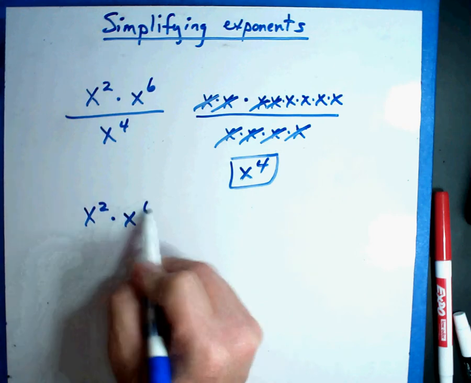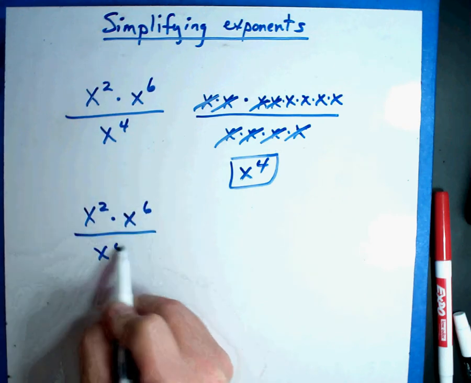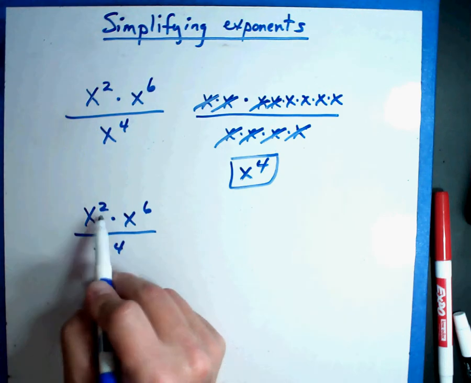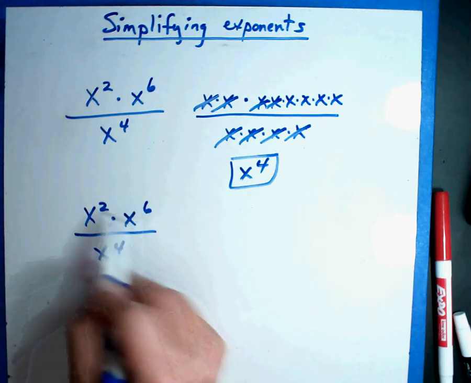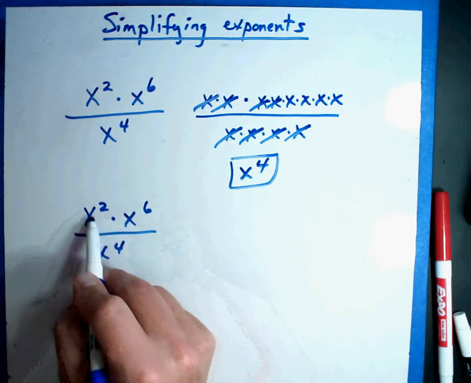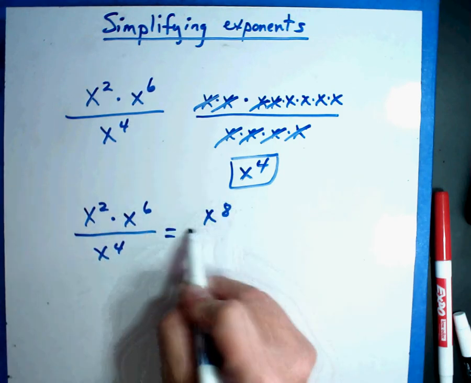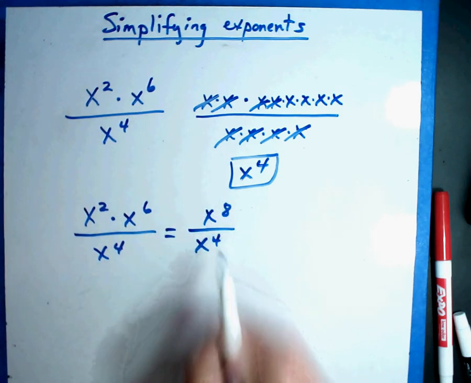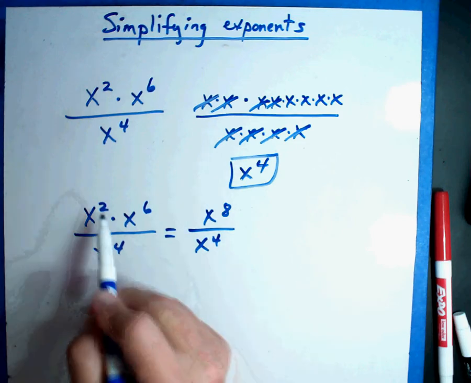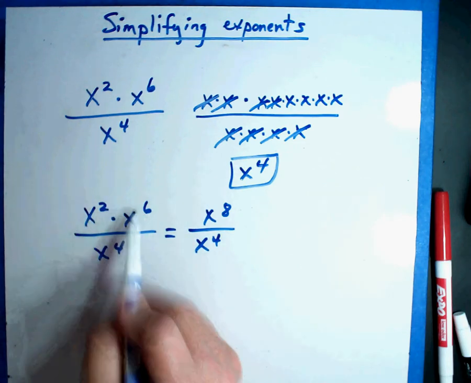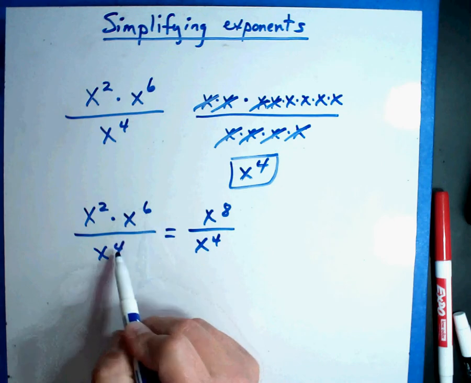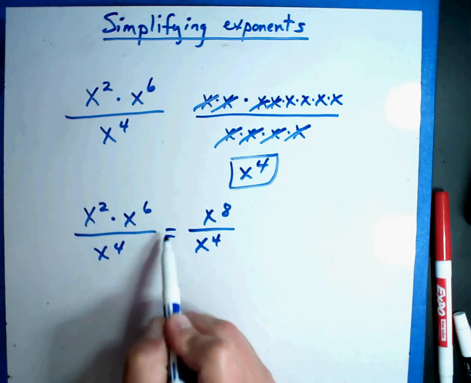Well, there is, and here's how it works. Let's go back to the beginning. Whenever you have an exponent times an exponent, you just add them together. So x squared times x to the 6th is x to the 8th over x to the 4th. Well, if they're multiplied and you add them together, if you divide them, then you're probably subtracting.